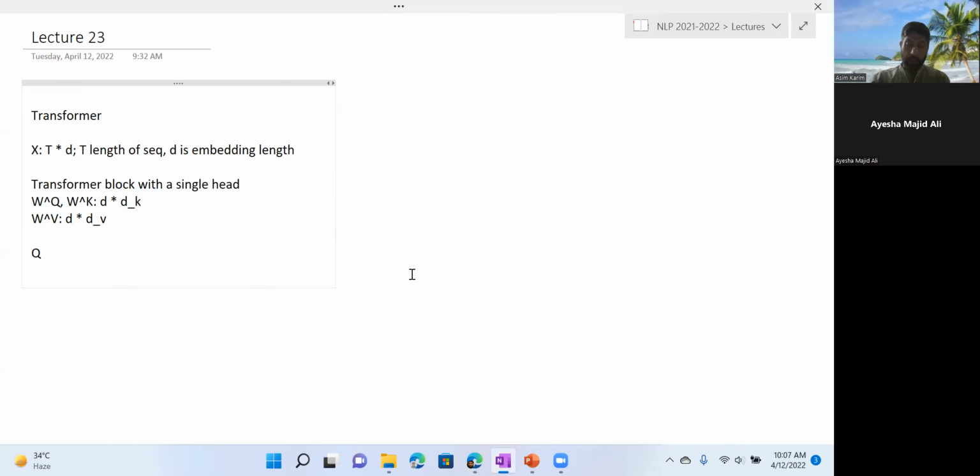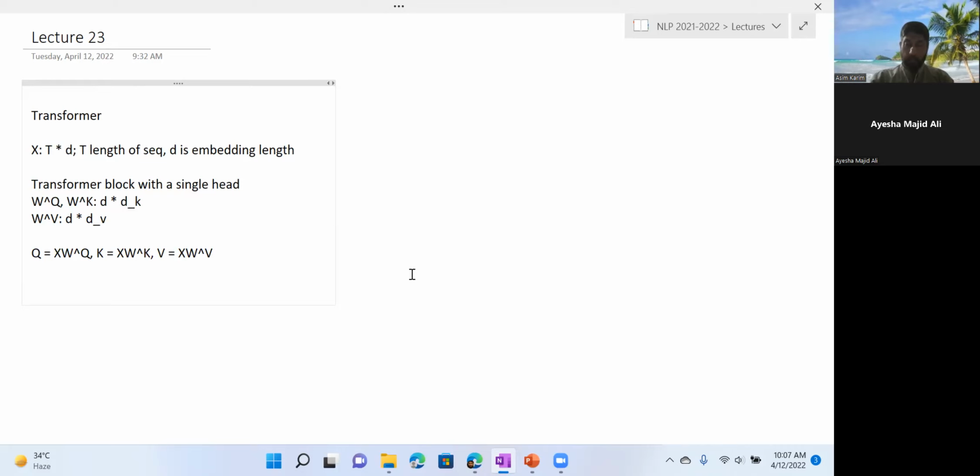All of them would be put in this matrix as X multiplied by W^Q. By the way, W^Q means it's just a superscript Q. It is not a power, just to identify that this is the parameter Q. And then we have K equal to X times W^K, and then we have V equal to X times W^V.